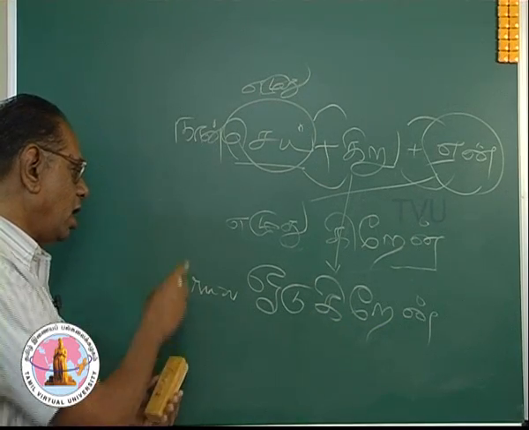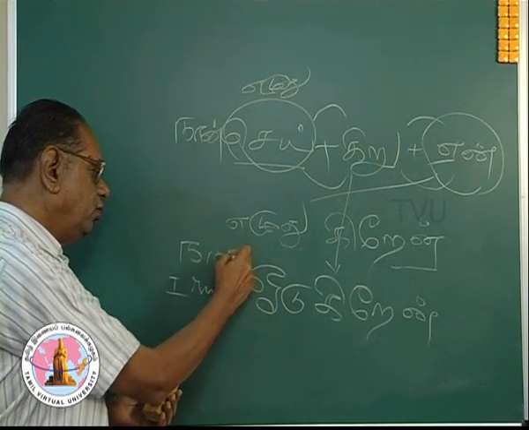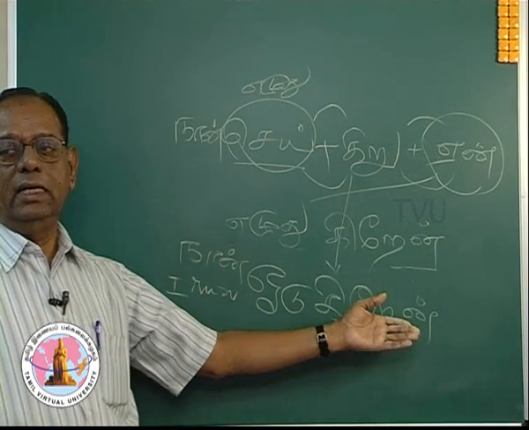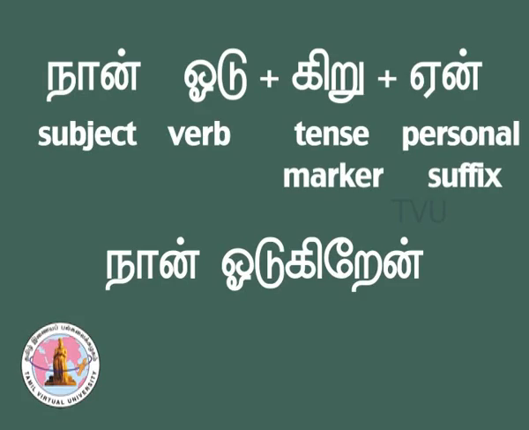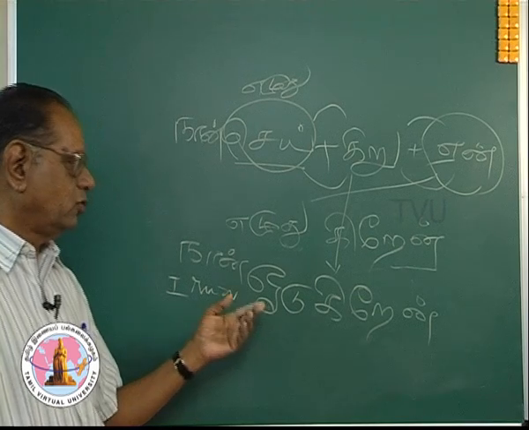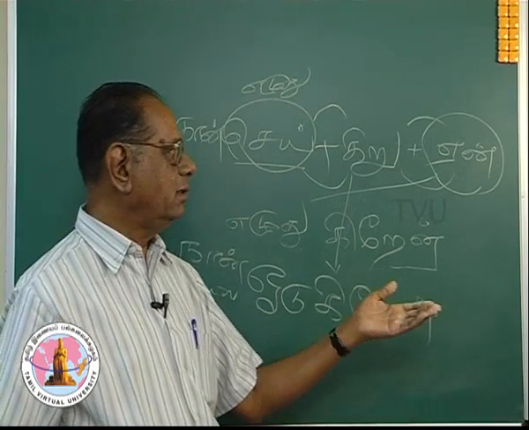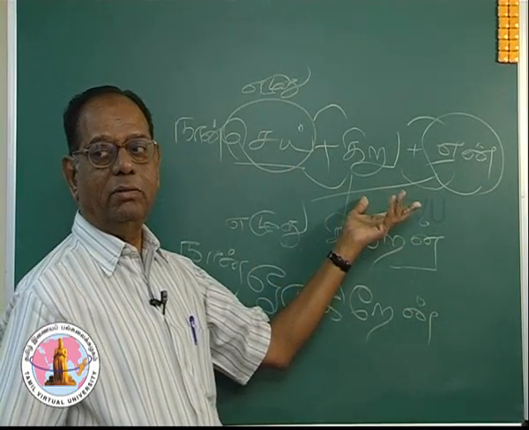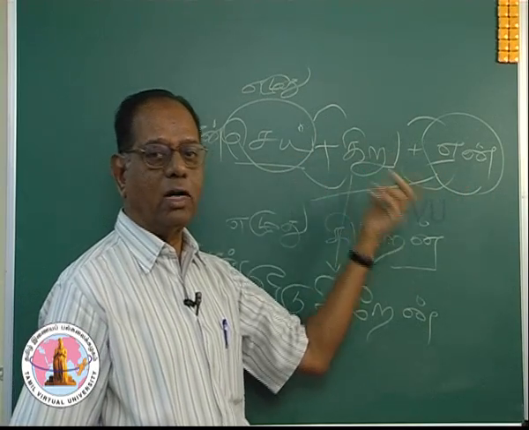Even without நான், this finite verb will give you the details of the subject. So, from this we can learn that a finite verb in Tamil will have three components or three parts.